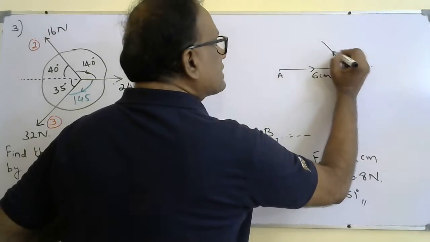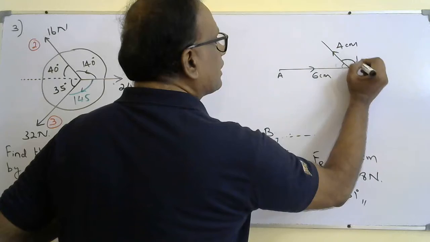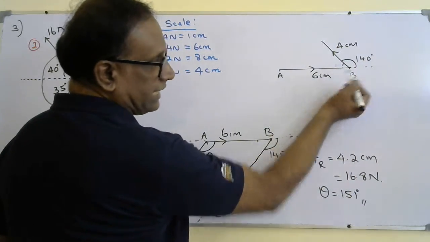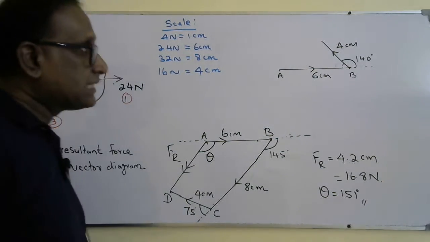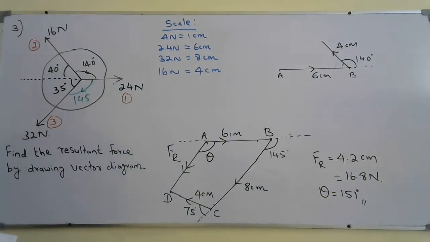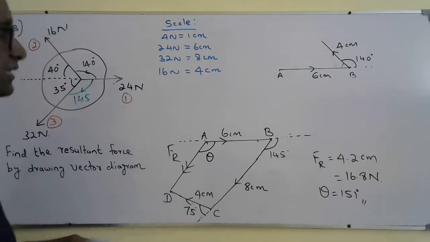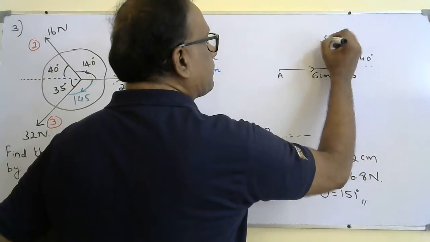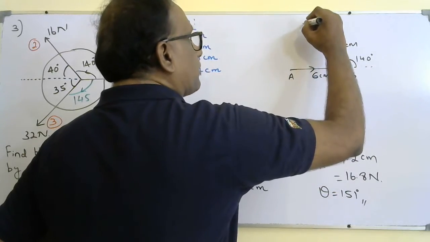You can draw this line, length 4 centimeters. This is 140. You can mark it anti-clockwise or in this direction inside. You can measure 40 degrees. Either one you can draw. Then what do we draw? Then draw a line of length 8 centimeters from here. This is C. So extrapolate it.